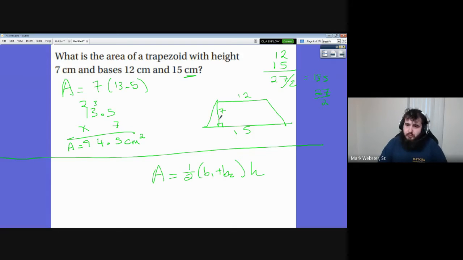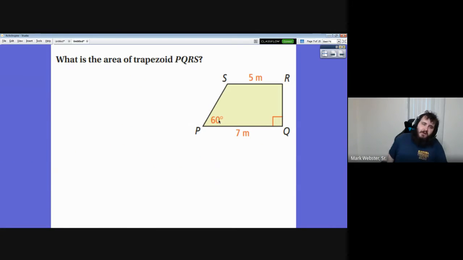Next problem. All right, so we want to find the area of this trapezoid. Now here, they don't give us the height, so we're going to have to find the height. We're going to have to remember that this is a 30, 60, 90 triangle right here. That's the key. Well, this piece is 5, so this piece over here is 5, which means out of 7, this piece is 2, right?